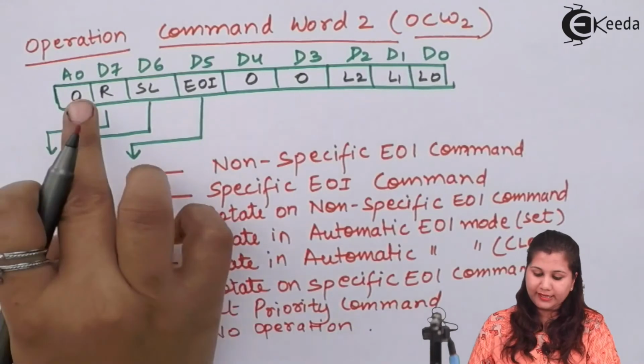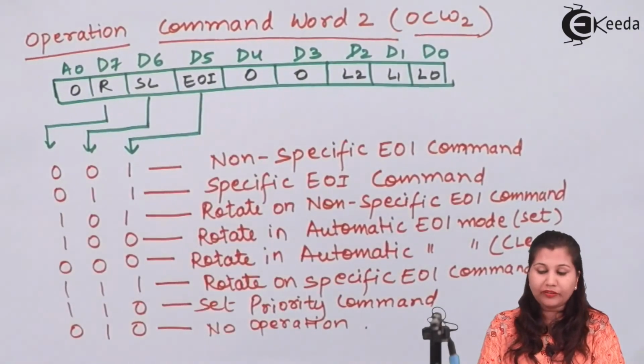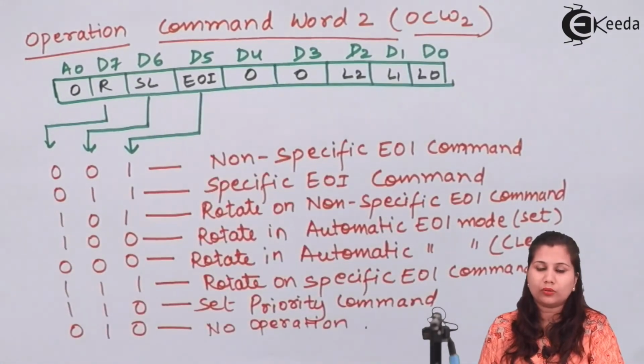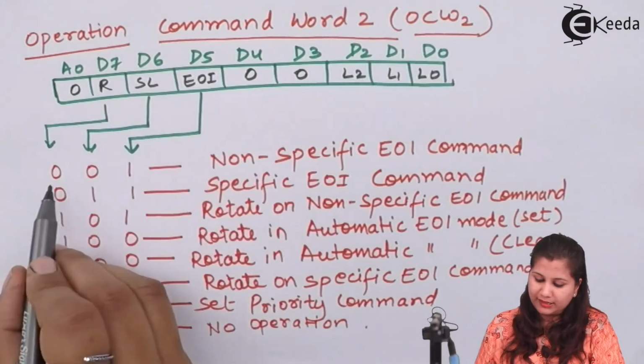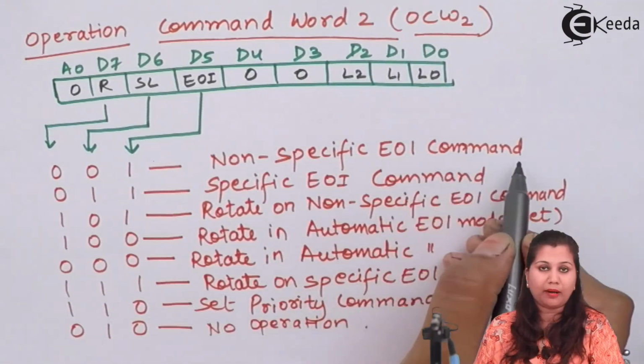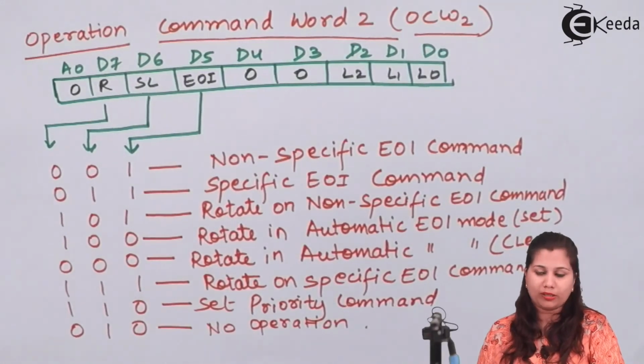So these are SL and end of interrupt. They are used to give the various combinations of the rotate and end of interrupt modes. When these bits are 001, it means it's a non-specific end of interrupt command. The end of interrupt command can be of two types, specific and non-specific.